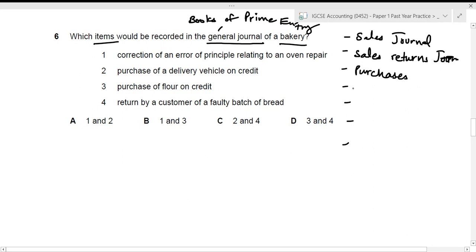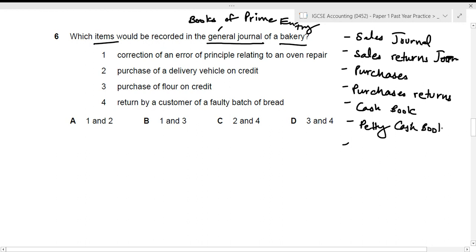Then there's the purchases returns journal. Then there is the cash book. Then there's the petty cash book. And then finally, there is the general journal, or we can say just journal.